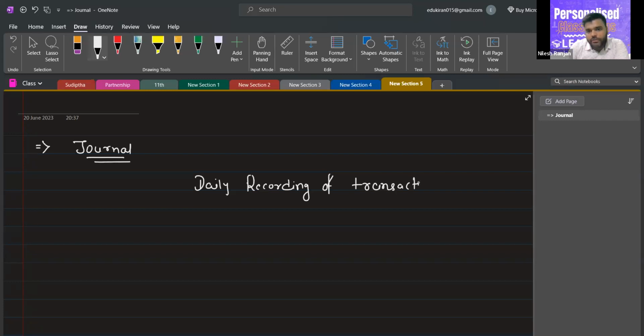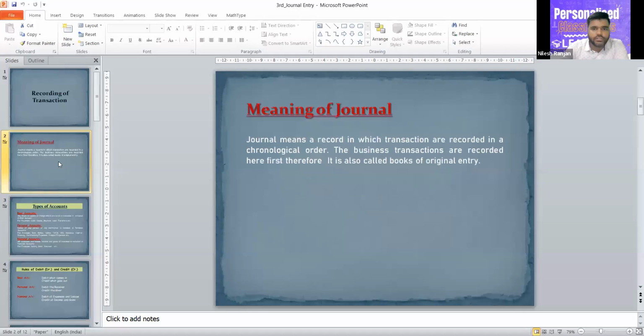If we talk about the definition, journal means a record in which transactions are recorded in chronological order. It means we record transactions as they happen. When we record the first transaction, and after that another transaction happens, then we record that transaction.